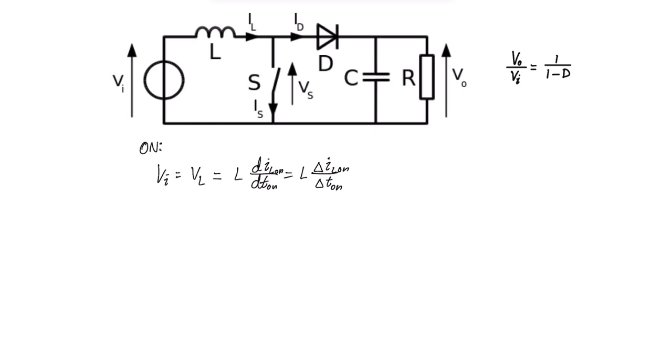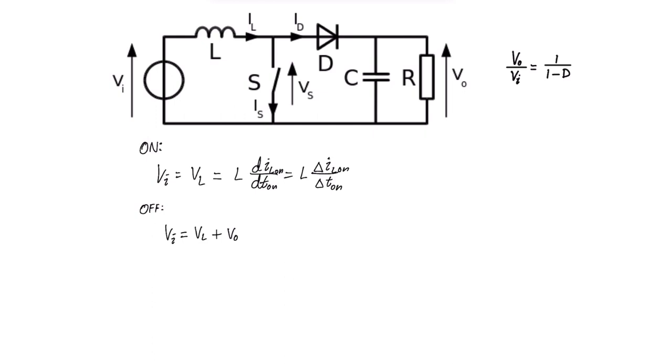So what happens when it's off? When it's off, this one would be open, which means that there will go no current through here, which means that the current would go like this, around, like that, which means that VI is equal to VL plus VO.